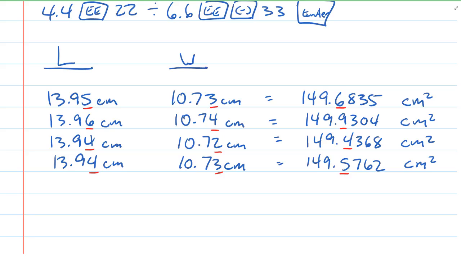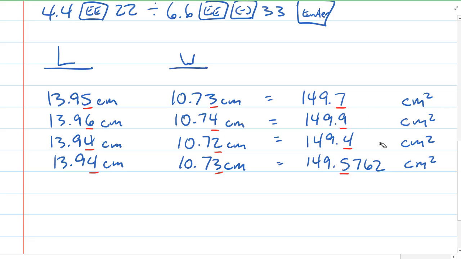So consequently, this first one here, we should round off to 149.7. The second one should be rounded off to 149.9. The third one should be rounded off to 149.4.